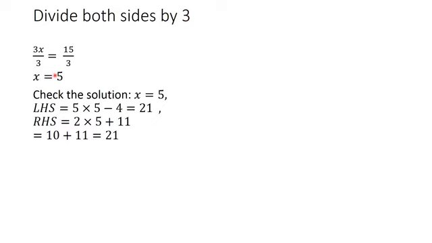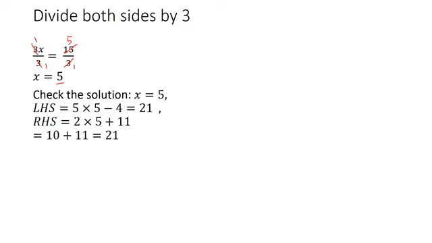If I divide both sides by 3, three here, you have 1. 3 on this side, you have 1 also. 3 in 3, I have 1. 3 in 15, I have 5. So I have 5, so that's why I have 5 here.